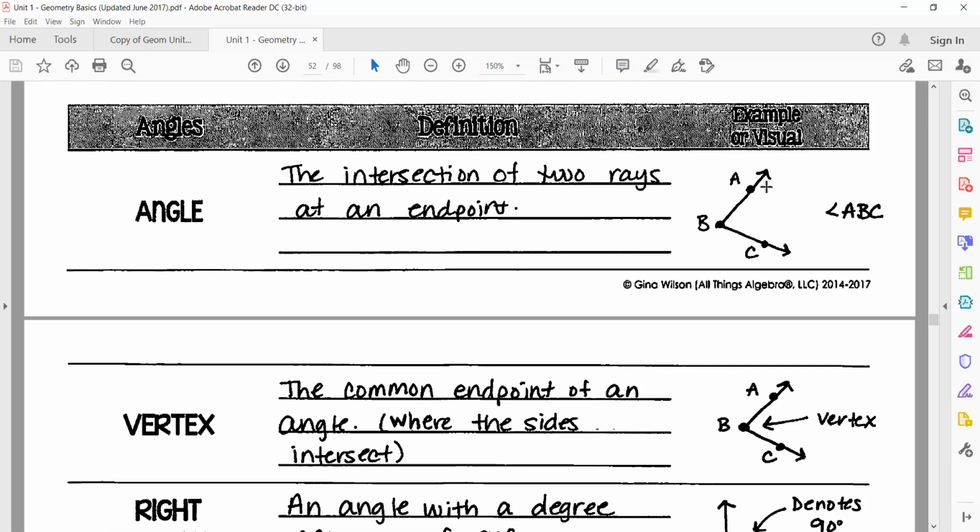So here we have ray BA and ray BC. The thing you have to get used to here, especially if it's written out by hand, is this symbol here, that's not an L. That is how you show angle ABC.